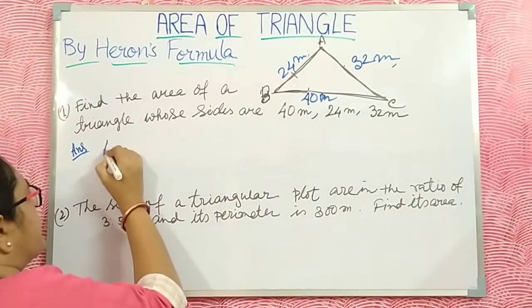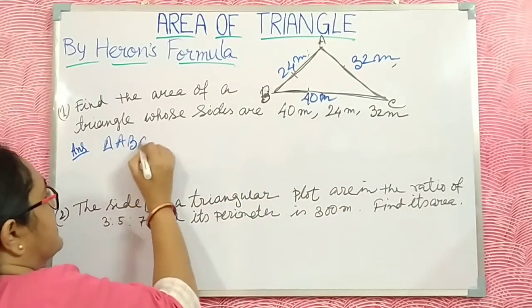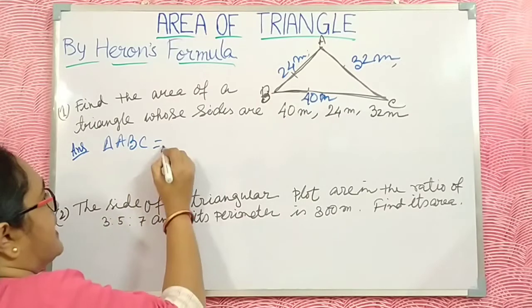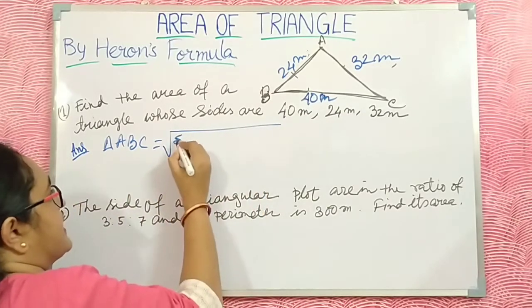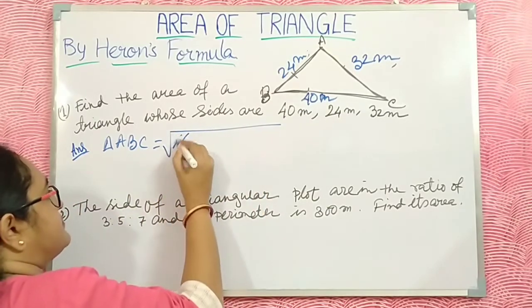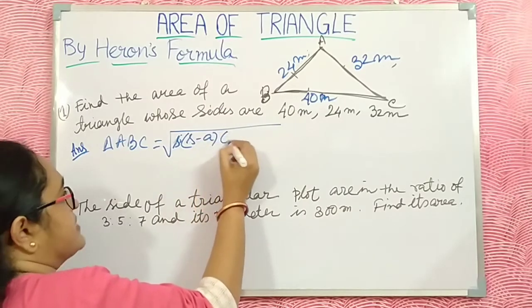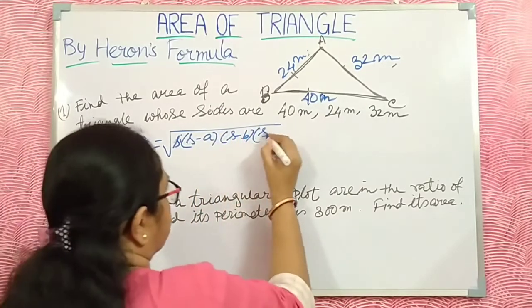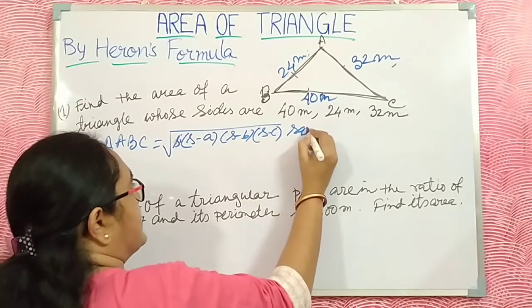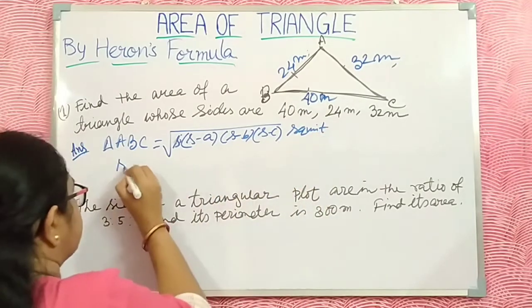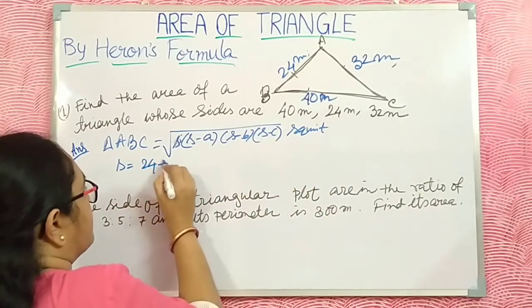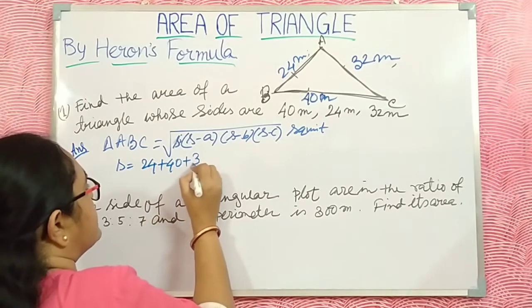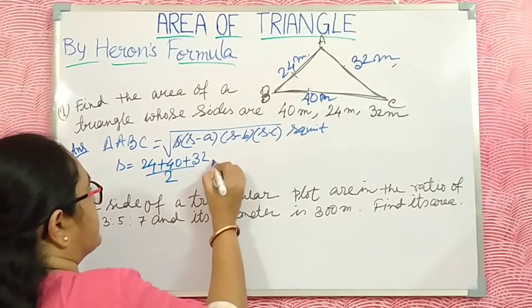Now I find the area of triangle ABC. First I write the formula: square root of s into s minus a into s minus b into s minus c, square unit. Here s is 24 plus 40 plus 32 by 2, half the perimeter.